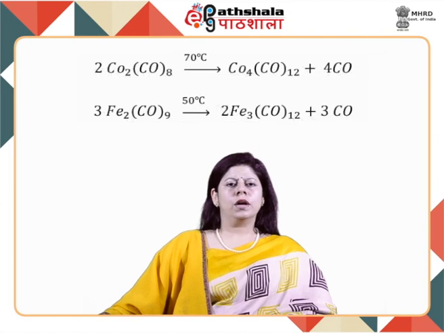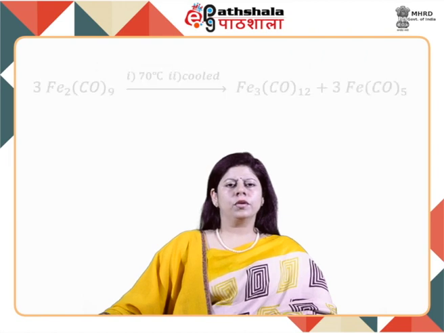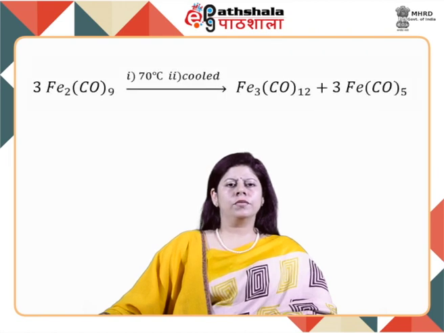A lower metal carbonyl can be transformed into a higher metal carbonyl on heating up to an appropriate temperature. You can see there are more reactions given here. When the solution of Fe(CO)9 is heated up to 70 degrees and then cooled, green crystals of Fe3(CO)12 separate out.